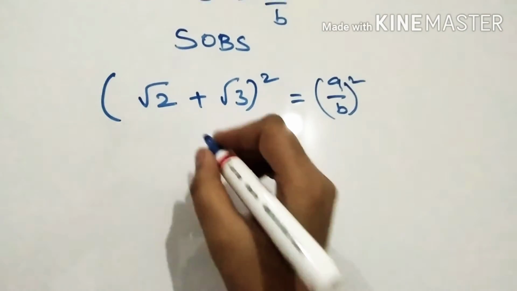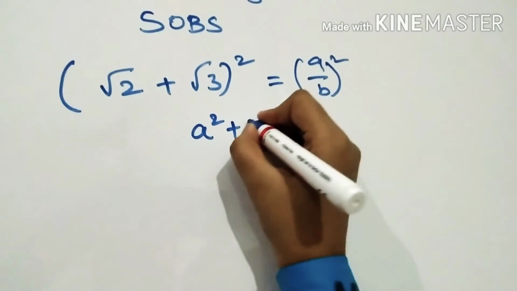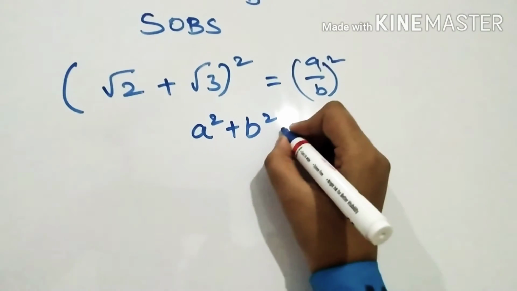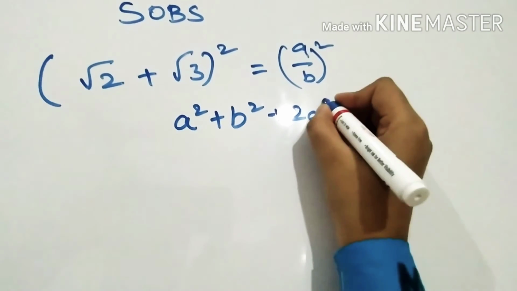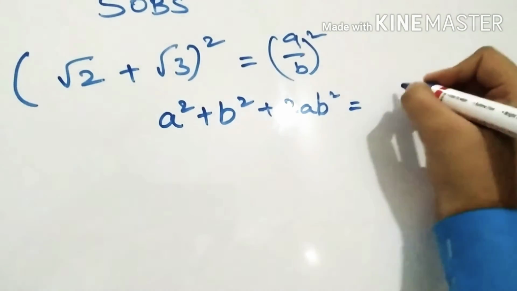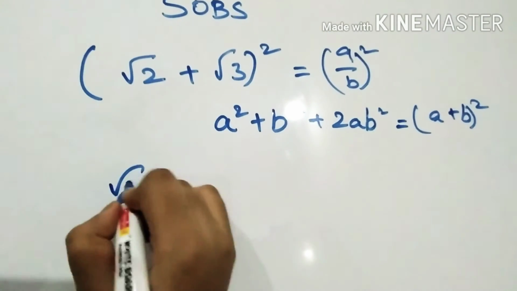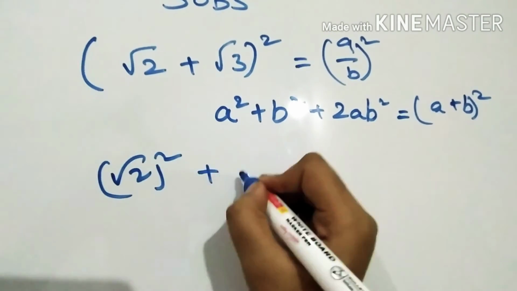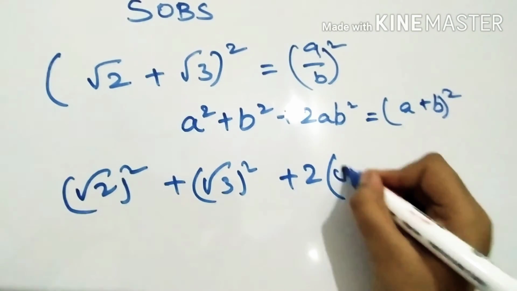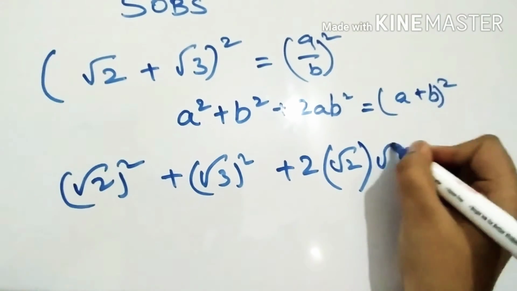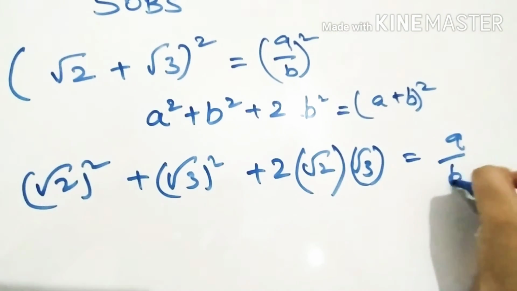You know the a plus b whole square formula: a square plus b square plus 2ab equals a plus b whole square. So here we have root 2 whole square plus root 3 whole square plus 2 into root 2 into root 3 is equal to a by b whole square.